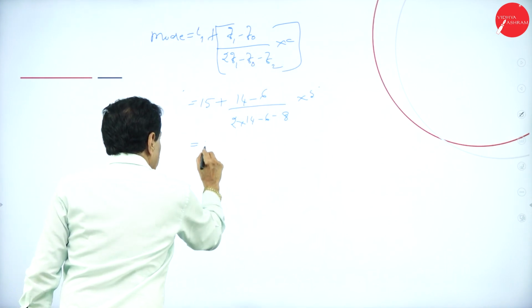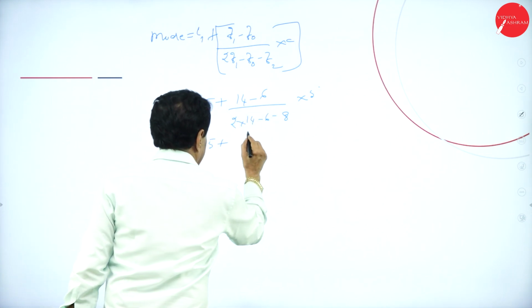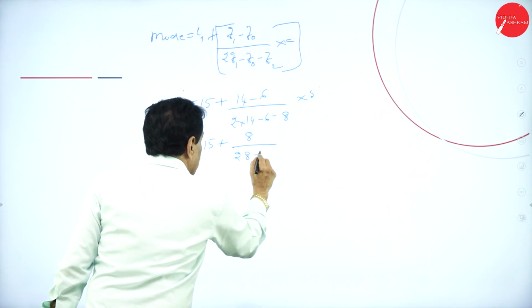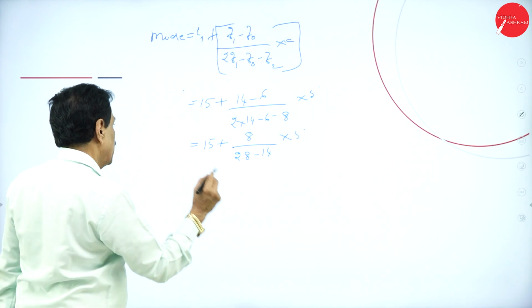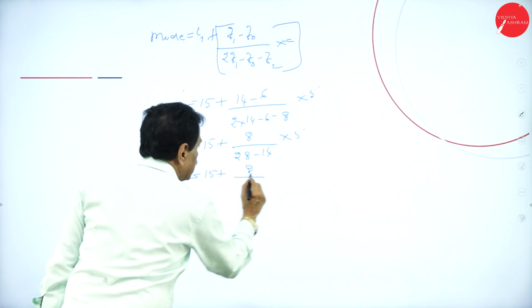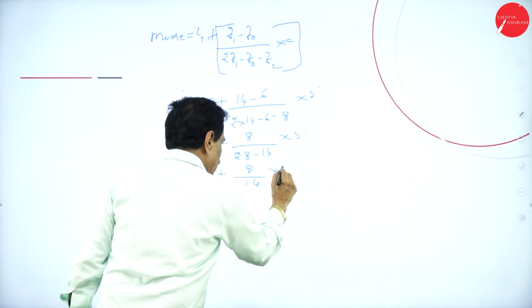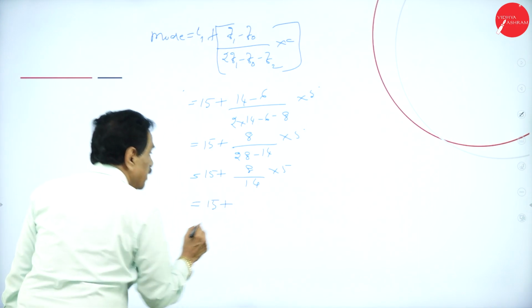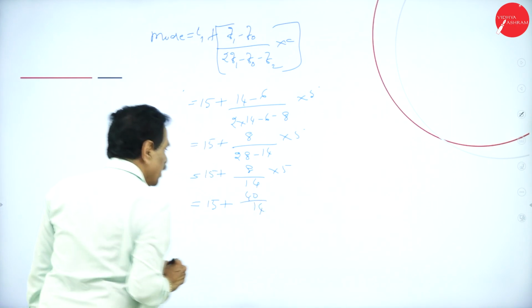Simplify these. 15 plus 14 minus 6 is 8. 14 twos are 28 minus 14 into 5. Deduct 28 minus 14, giving 14. Simplify: 8 fives are 40 divided by 14.